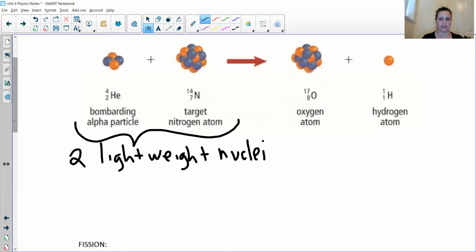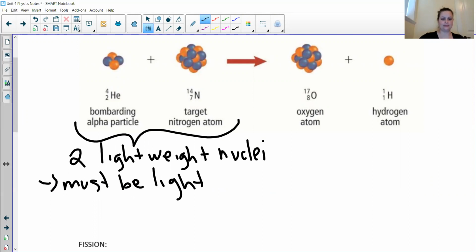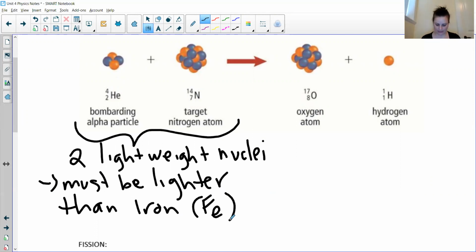Iron seems to be just a little too much protons and neutrons inside the nucleus to allow for this type of reaction to occur. So it must be lighter. And that's Fe on your periodic table.